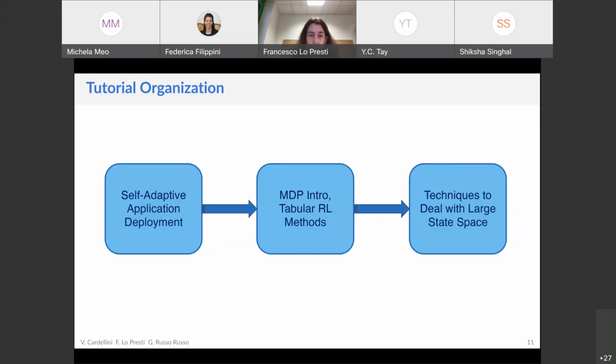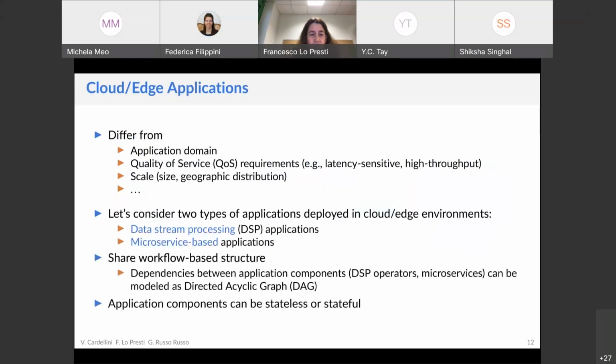So going into the detail of the self-adaptive application deployment, we have already seen an example of a Cloud-Edge application, and it's easy to realize that we have a multitude of different possible applications in different domains.